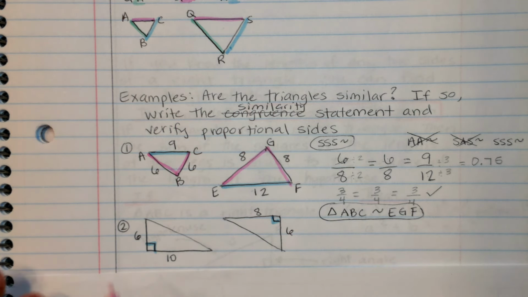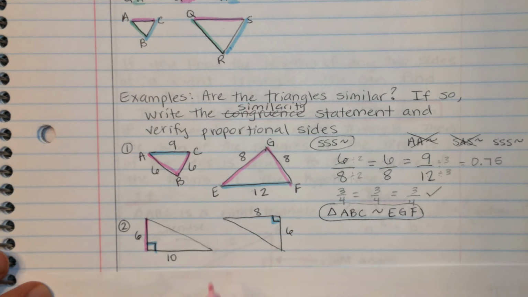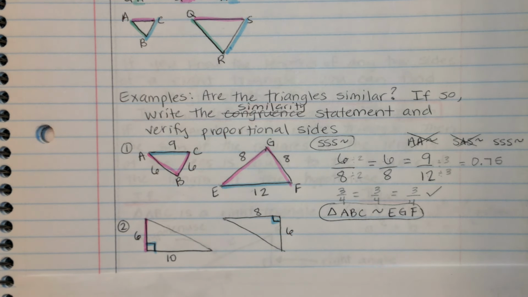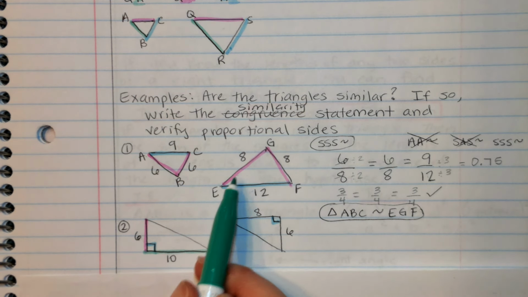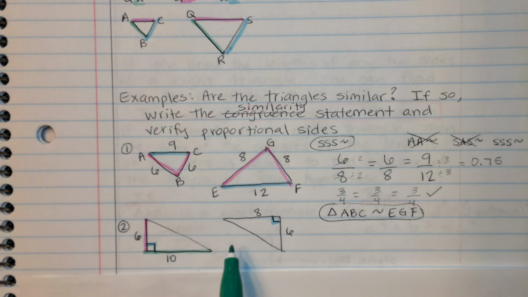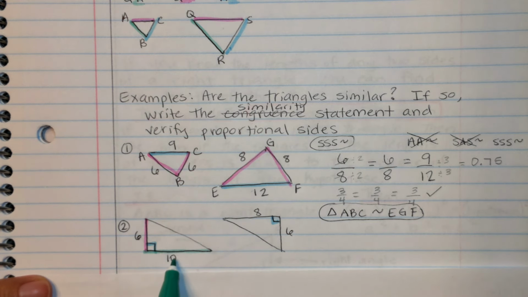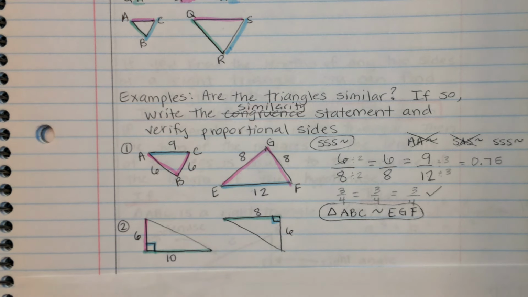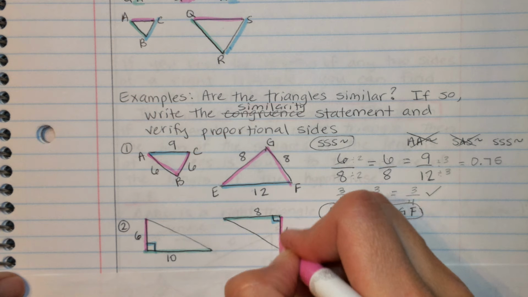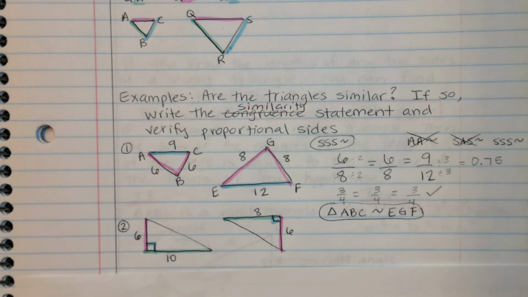Two sides are given, so I've got a 6 and a 10. When I'm thinking about the corresponding sides, I see a smaller and a larger number. So over here I see a smaller and a larger, so the larger ones would maybe be corresponding. I have to verify it, so I don't know for sure.